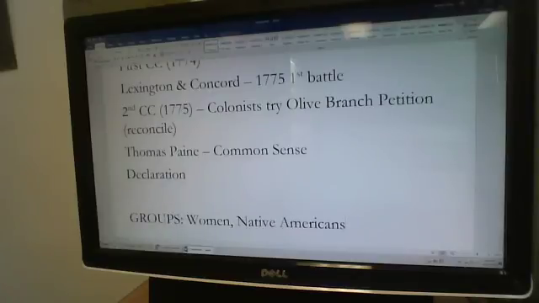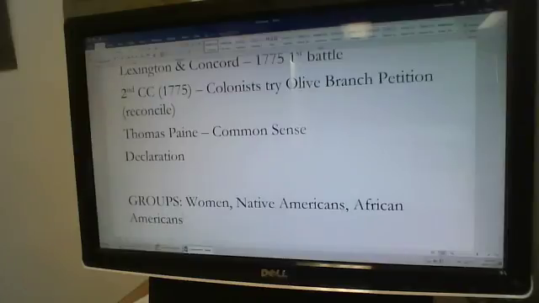Third assignment, and African Americans, of course. So there's going to be some gradual emancipation in the North for African Americans, but there's still some slavery happening in the North. The Native Americans, of course, are going to be relegated to reservations and continue not to be treated well by our government, especially the new government.